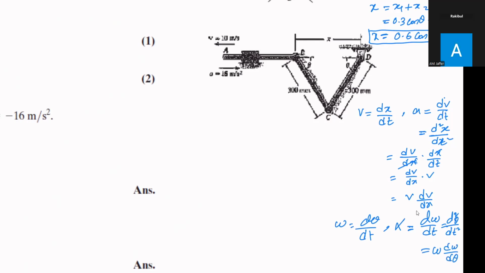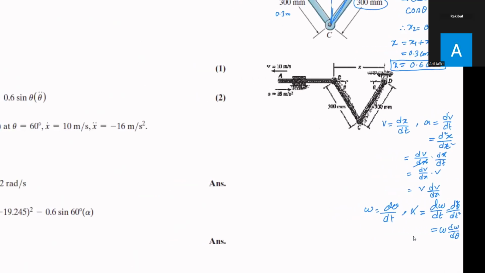You see, you have the relation. x is the linear displacement and theta is the angular rotation. Clear? It has similar properties. If you look at the formulas, isn't it the same?